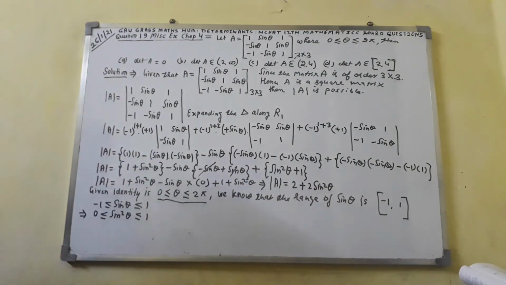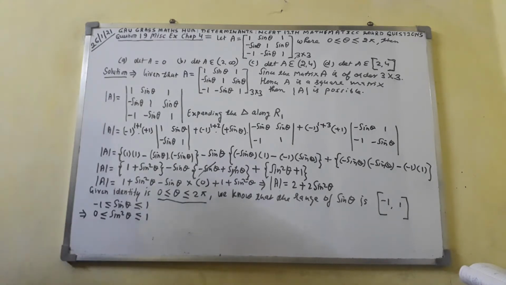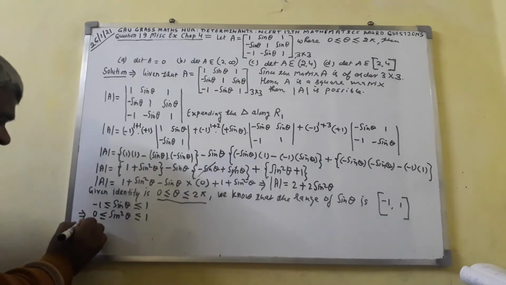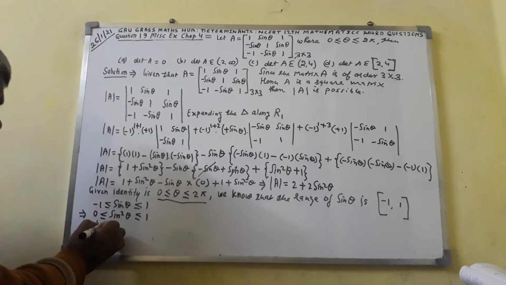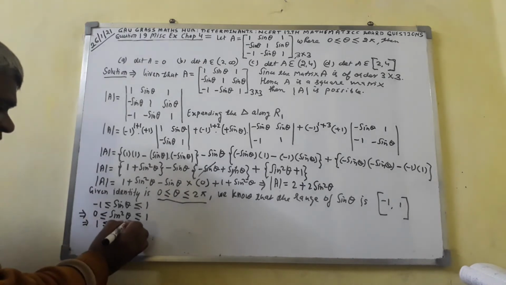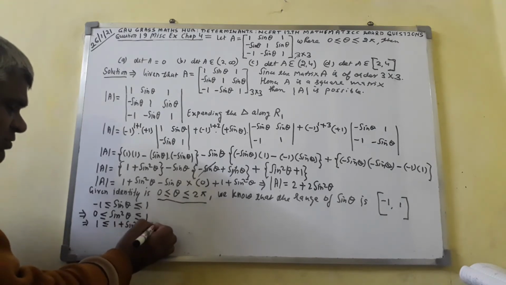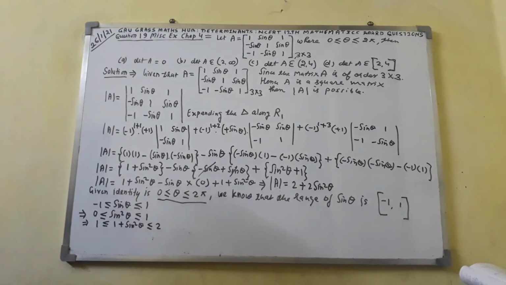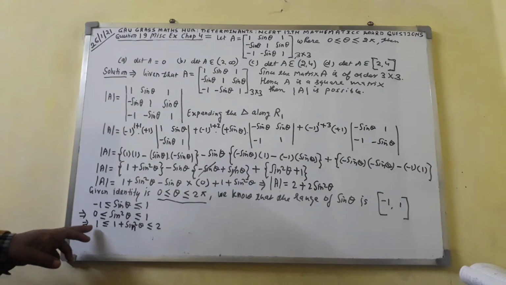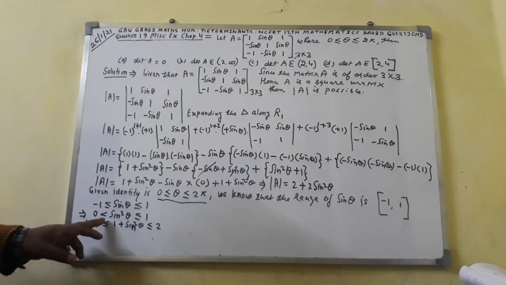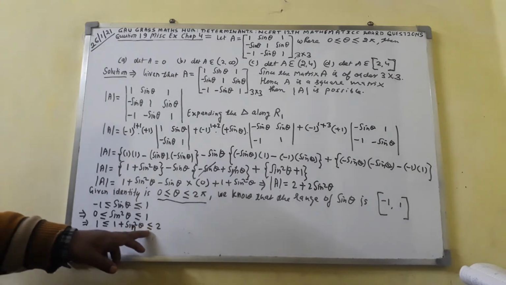So what to do here? Here I am going to do an operation. Implied that here I can write 1 less than equal to 1 plus sine square theta less than equal to 2.